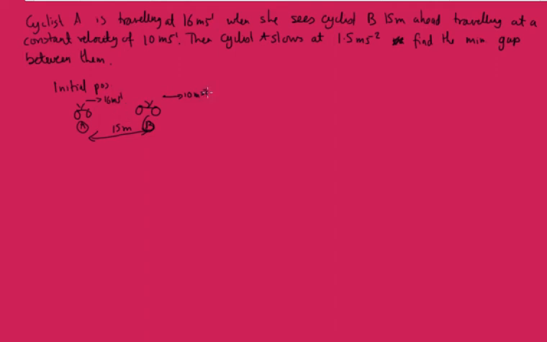So cyclist A is going faster than B. So even though cyclist A starts to slow down, for some period of time, her velocity is still going to be greater than cyclist B. So the gap is going to get shortened. So at some period, there's going to be some gap which is smaller.